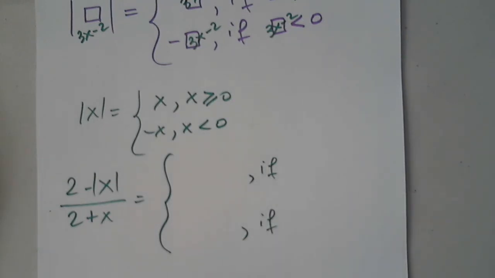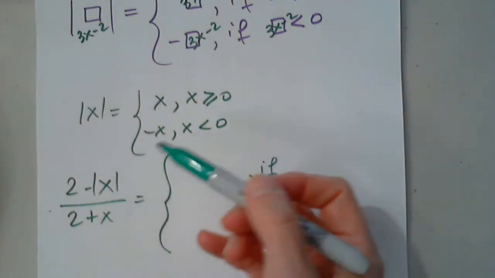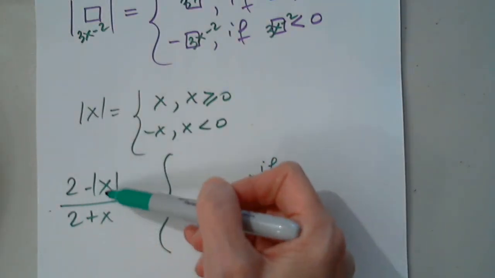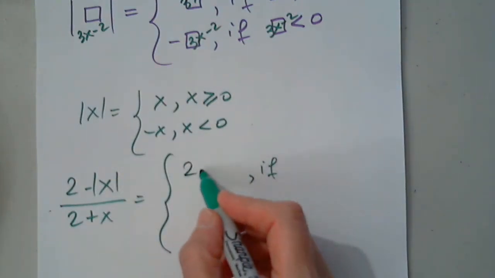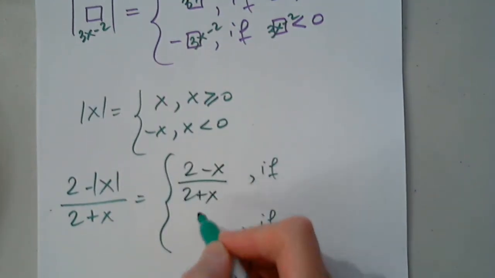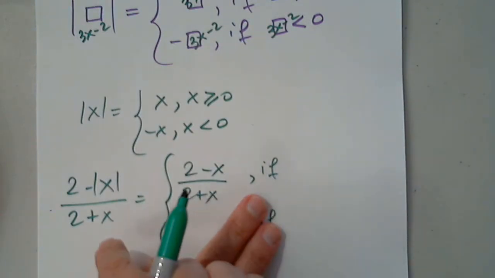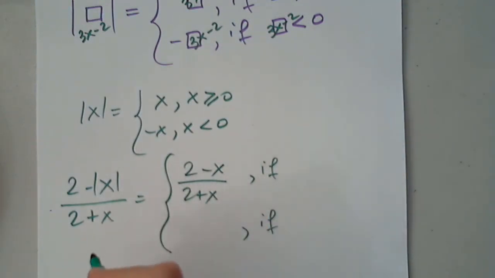Can anyone, without simplifying anything, give us the first option? It would be the function without the absolute value. Yes. So when x is positive, there is no need for the absolute value, and I will have 2 minus x over 2 plus x. Awesome. So now I have to be careful here. When is this function undefined?